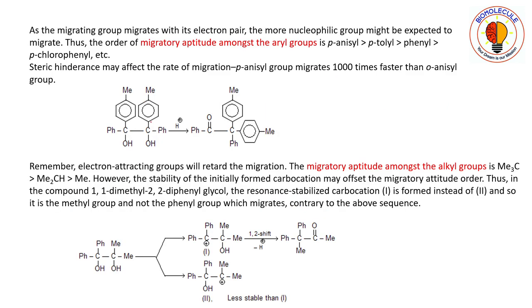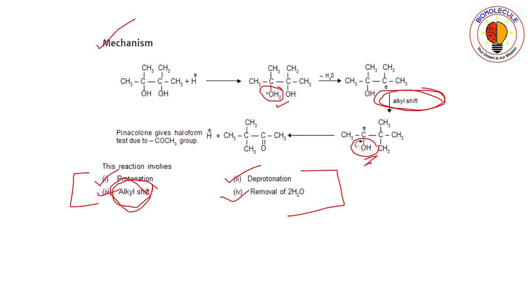Now if you see here, this one was a symmetrical pinacol. What would it have been if this was unsymmetrical? Suppose these two methyl groups, here it is a phenyl group, and here it is a methyl group. Then in this alkyl shift, which group will get shifted to this carbocation?